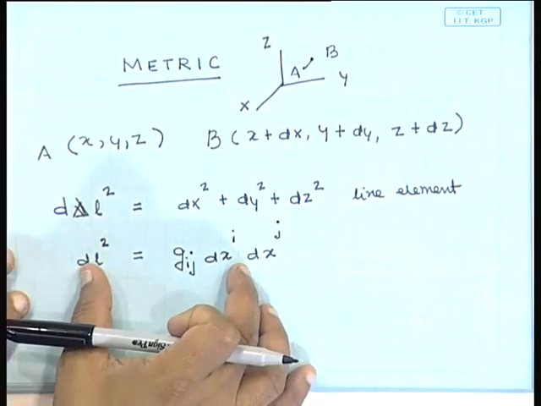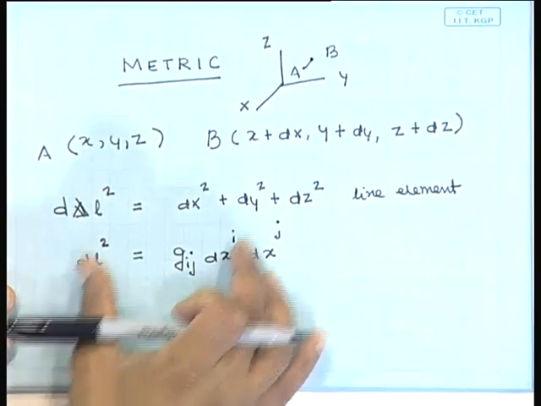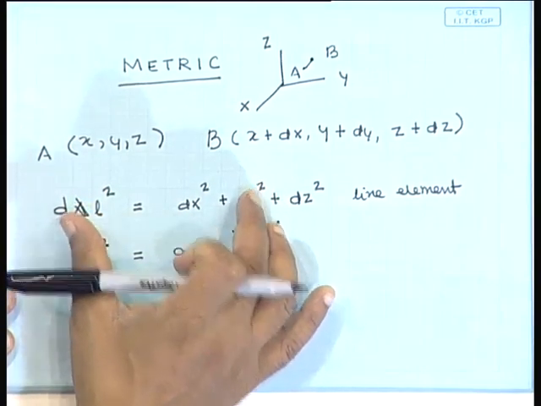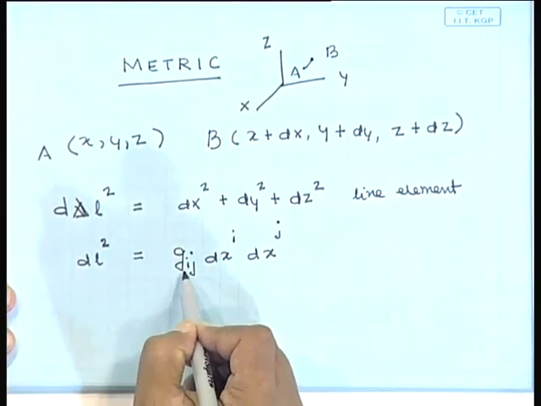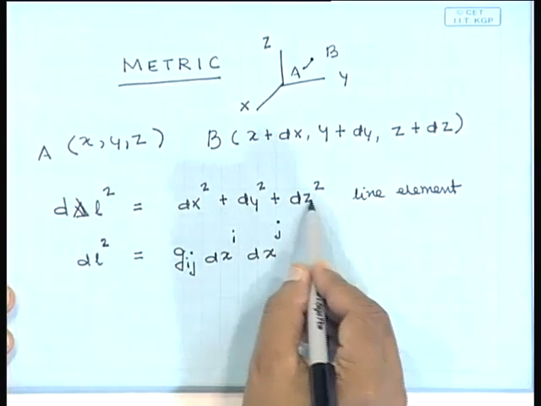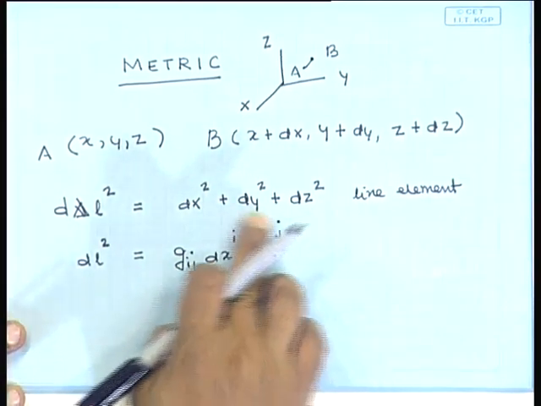This is just a notation by which we write this expression in short. So this is a shorthand notation for writing this expression. Let me spend a little time explaining this notation.